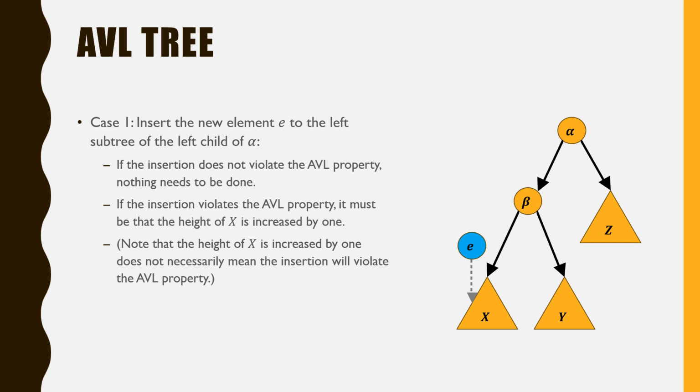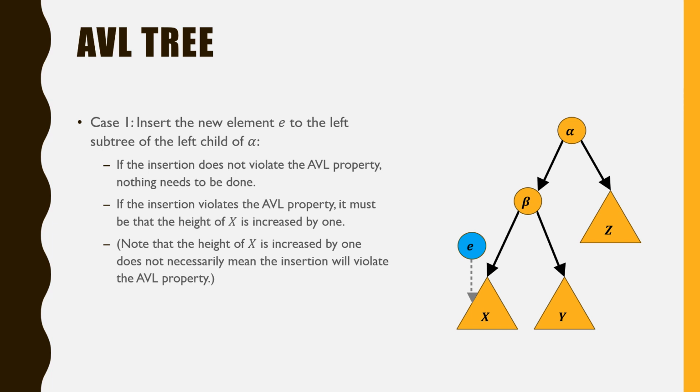The new element E is inserted into the subtree x. Note that the tree must satisfy the AVL property before the insertion, which can be induced from the base case that trees with a single node are balanced.